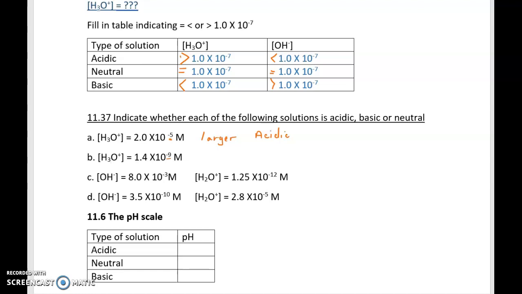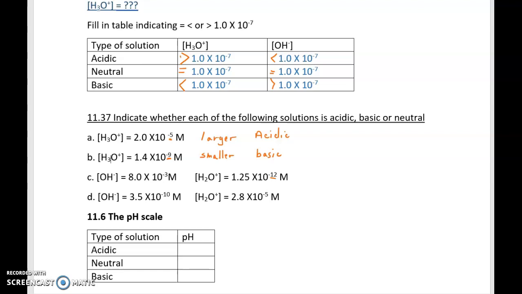10 to the minus 9th, however, is smaller than our 10 to the minus 7th, and we expect this to be basic. Or it is basic, I guess we should say. For this one, let's see, 12. Let's look at just this number.